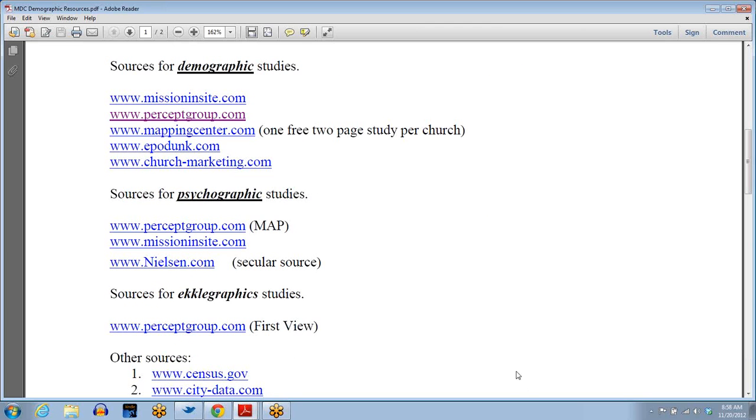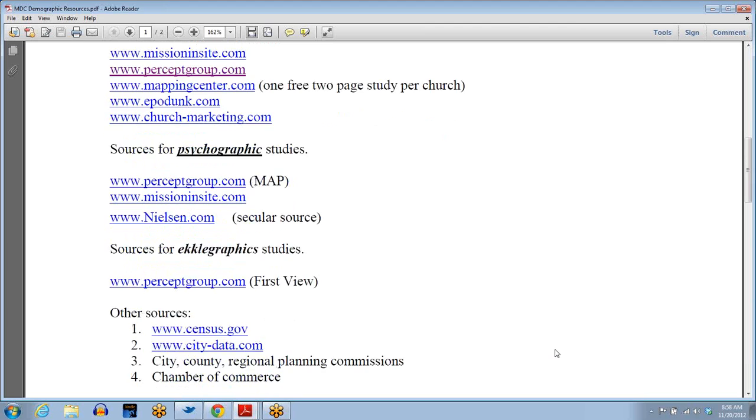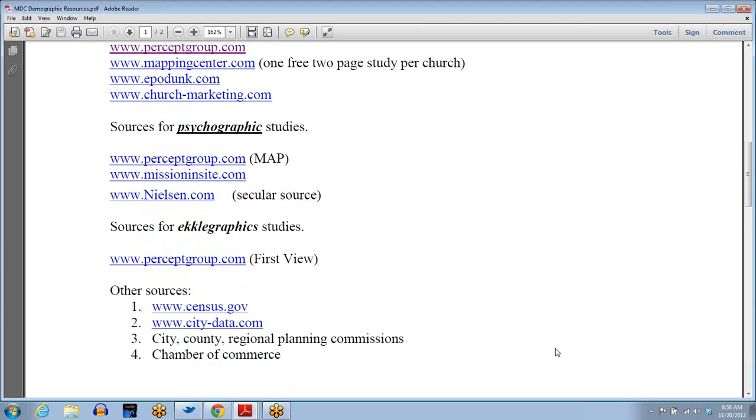And then there are a ton of other resources for you. The government provides it. I would encourage you to go to city-data.com. You can pull information out. I use it for my ministry audits when I'm coaching churches, and you can get 100 pages of information about the city and the county that the city is in, and it's really almost overinformation, it's coming at you too fast.